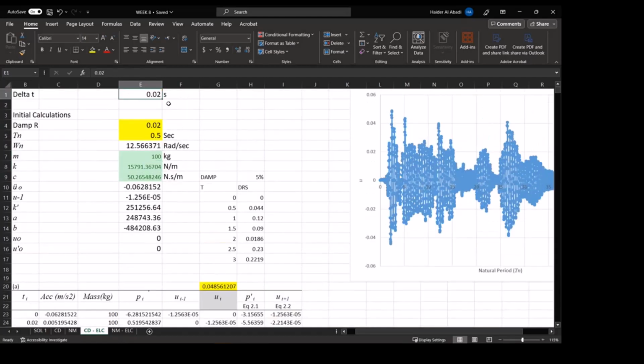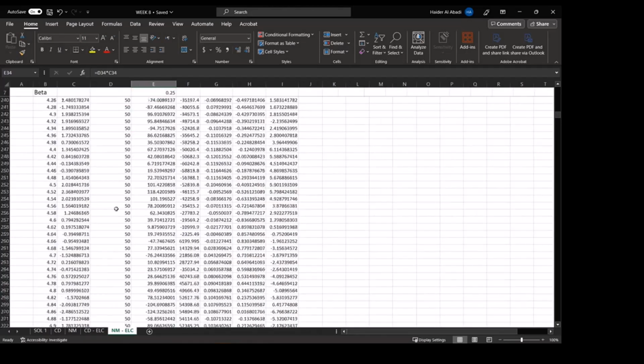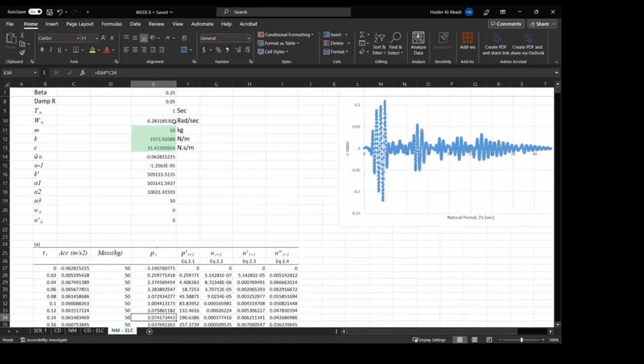The second is 0.02, and that's 0.5 time period, 0.02 damping. I've got 48. Let me have a look with the Newmark method as well.